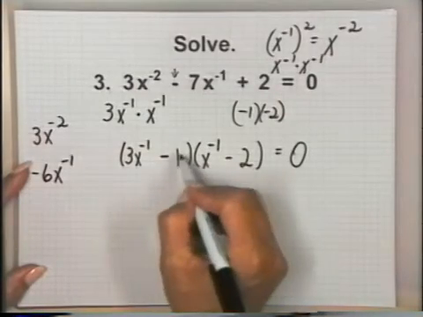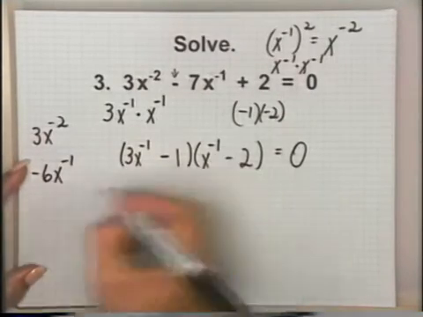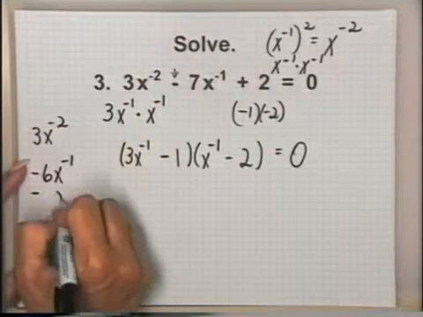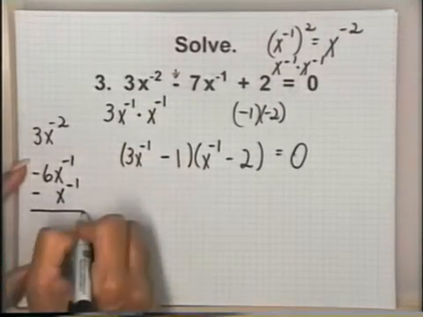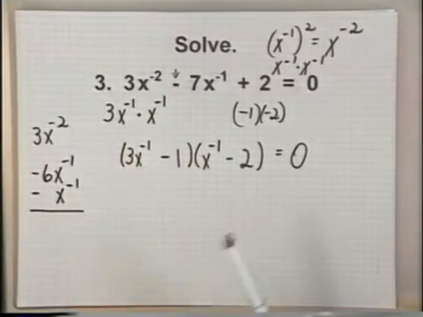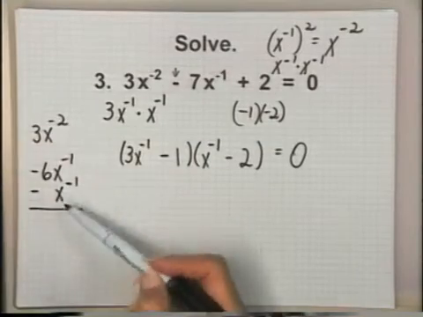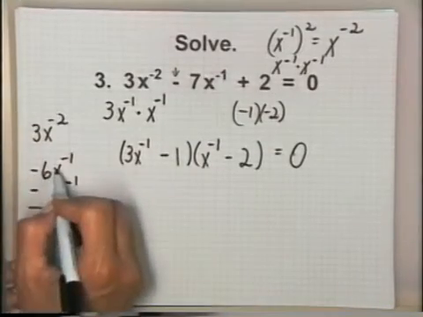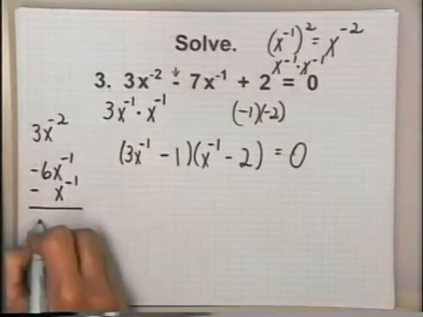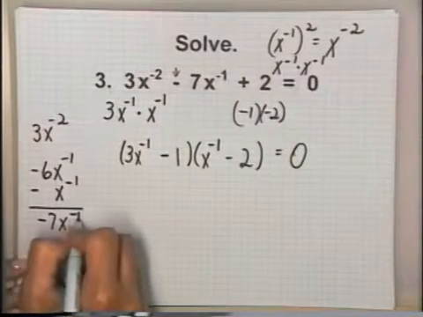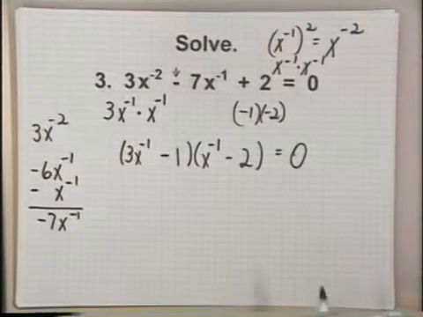For an inside product, negative 1 times x to the negative 1 would be negative 1 x to the negative 1. If I combine these, and I may combine these because the variable part's the same, I say negative 6 plus negative 1 gives me negative 7, and of course the variable part stays the same.